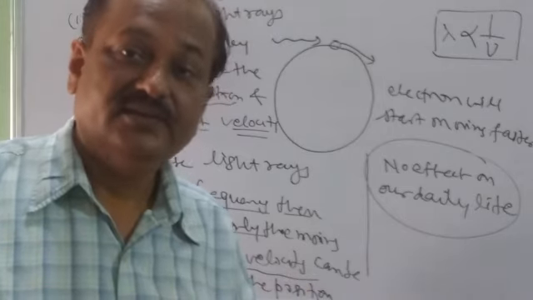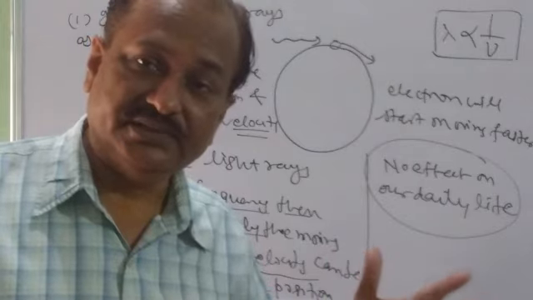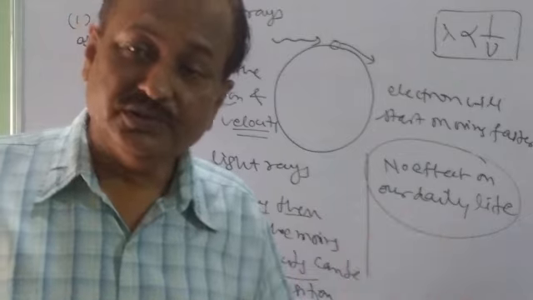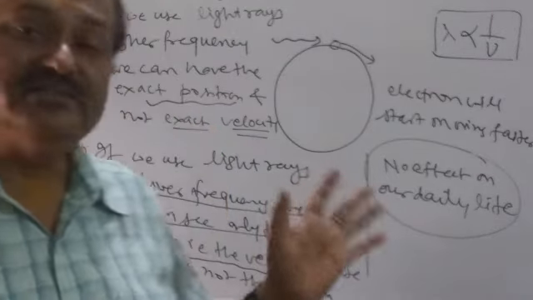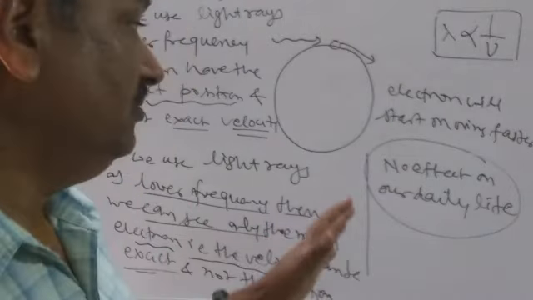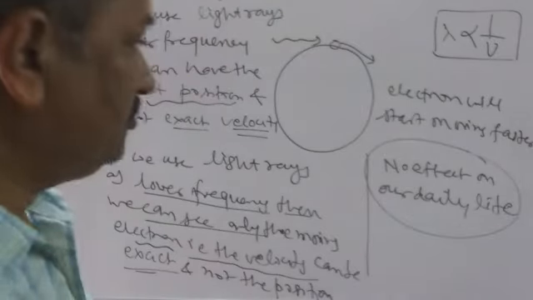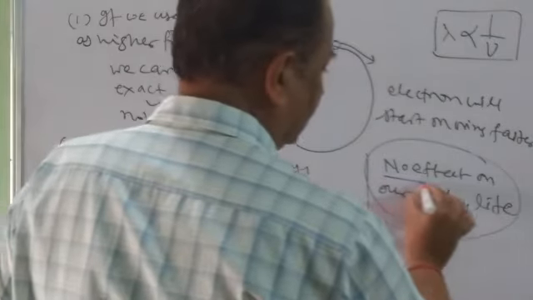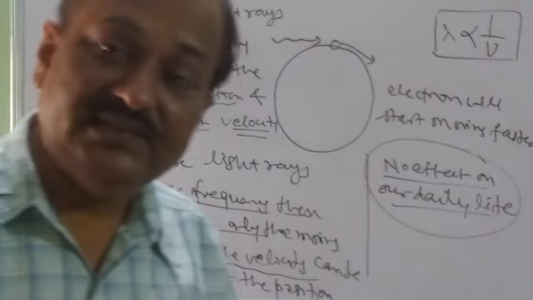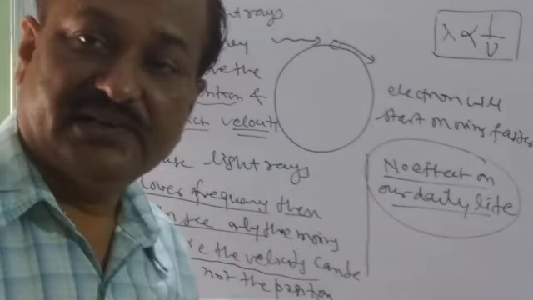Suppose we are using electricity or a microwave or TV, radio, whatever thing. But we are not dealing with the electrons, protons, neutrons, or any subatomic particles directly. Instead, we are using the application part. So we can say that it has no relevance in our daily life. So this is all about the Heisenberg uncertainty principle.